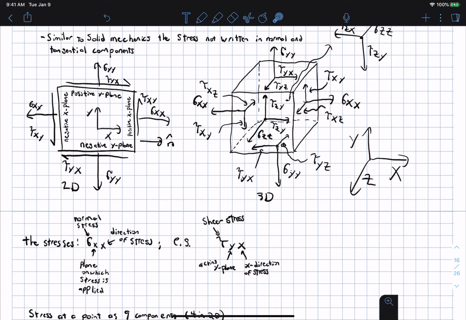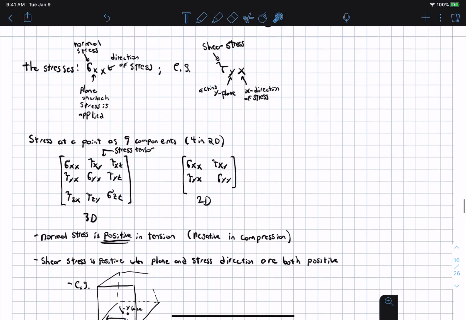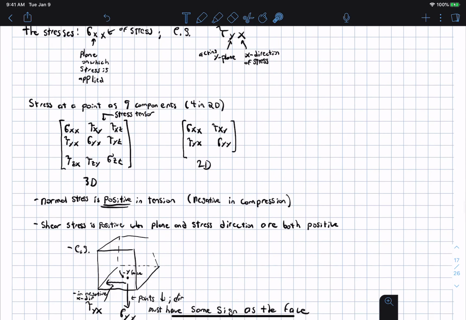And for the shear stresses, you can imagine what these stresses are trying to do is take this edge here and basically rotate it that way. And if this edge tries to rotate counterclockwise, that gives rise to a positive shear stress. So this portion is just like your solid mechanics. I'm not going to spend too much time on that.